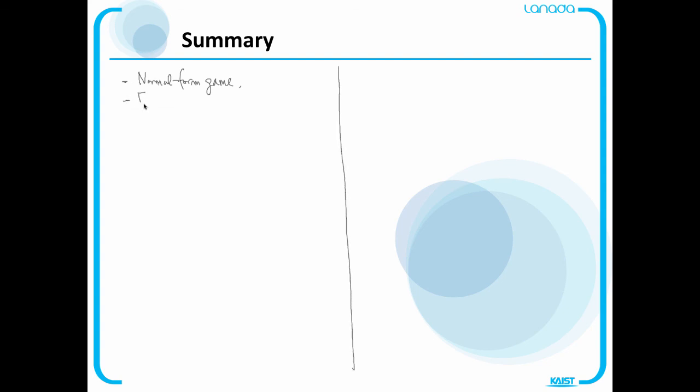Especially we have talked about the finite case, where finite means that the number of players and also the strategy spaces are discrete. In this case we call it a matrix game, because it can be represented as a matrix.